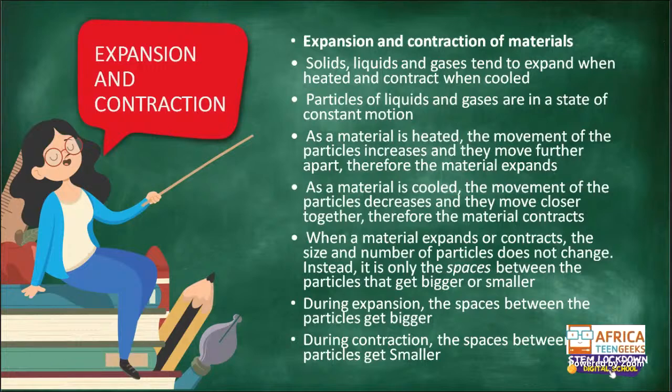But what happens when we remove the heat? The particles will lose energy, and when they lose energy, their movement will decrease. When the movement decreases, they get closer to each other, and as they get closer to each other, we say the material has contracted.